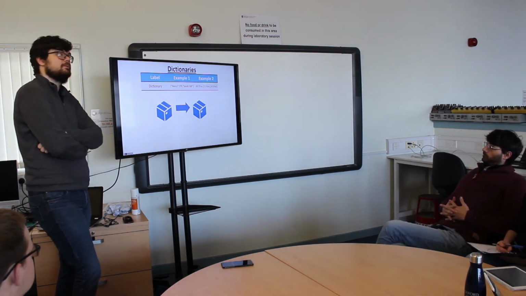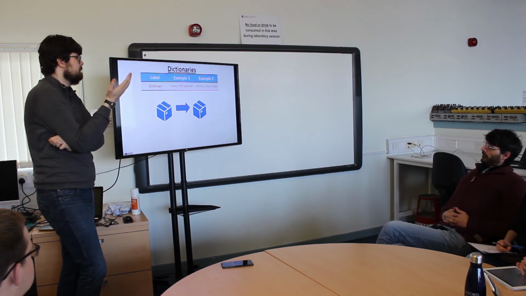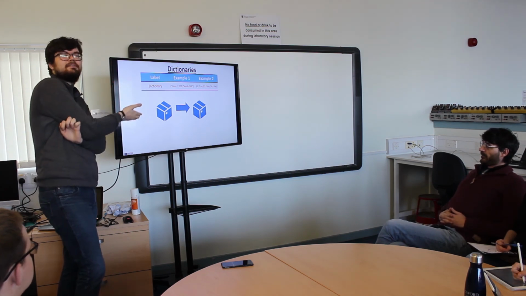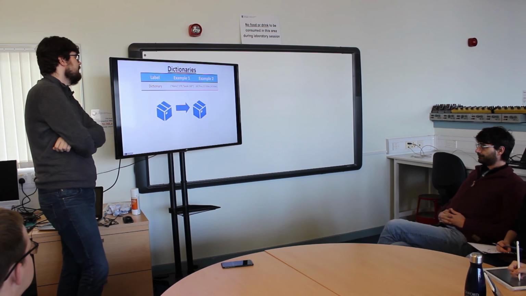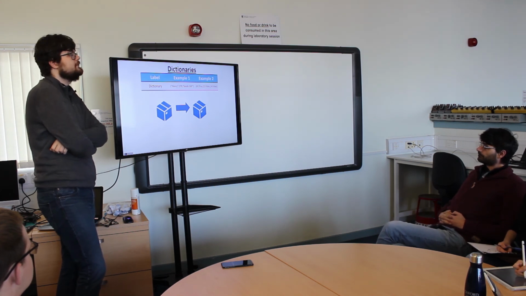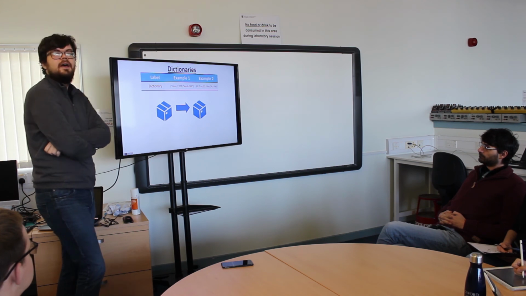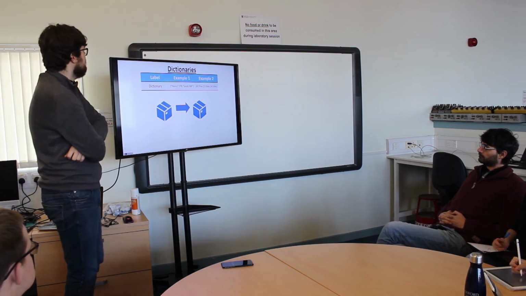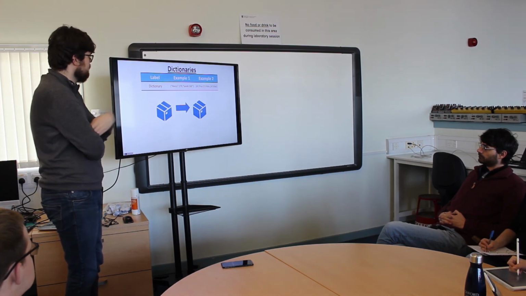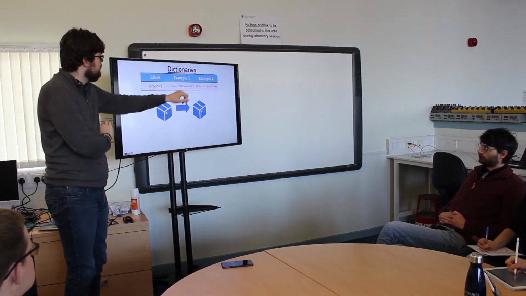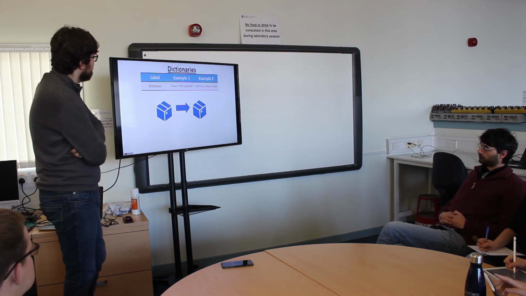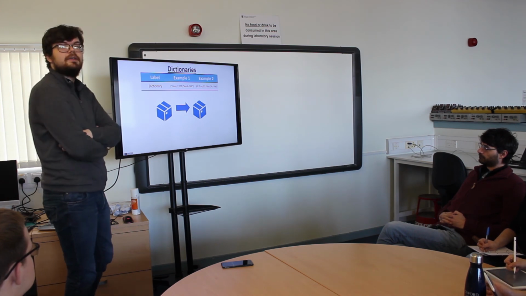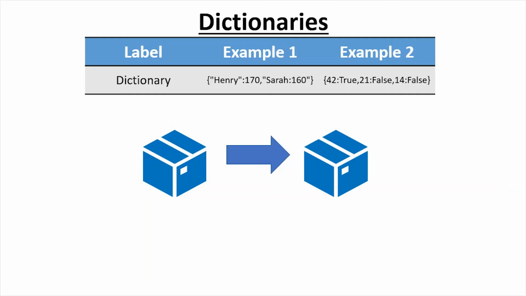This has a lot of uses. So you could actually make a dictionary using a Python dictionary, where you have words as keys and the values are the definitions of the words. You can then index into a dictionary by using the keys. So, for example, if you index into the first dictionary using the key Henry, you'll get back the value 170.